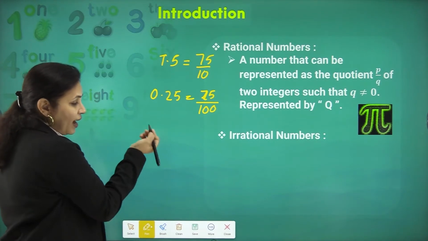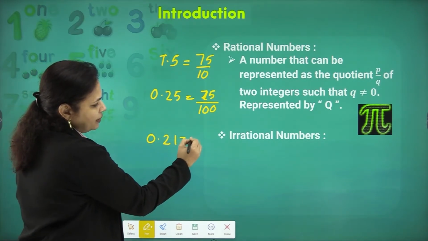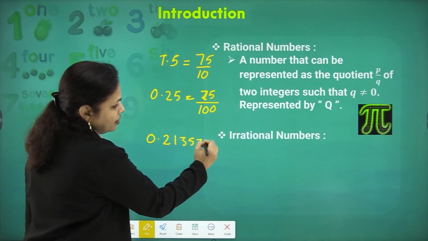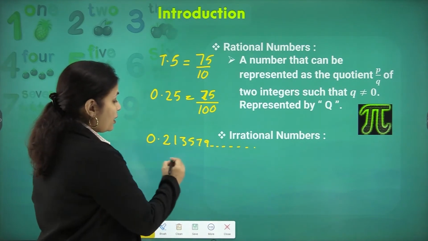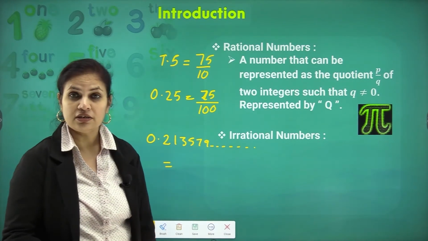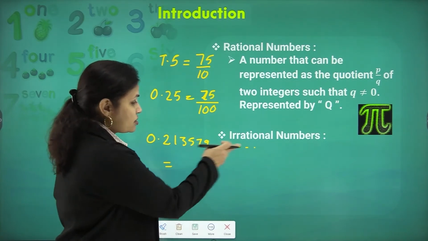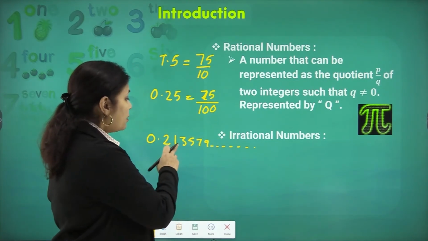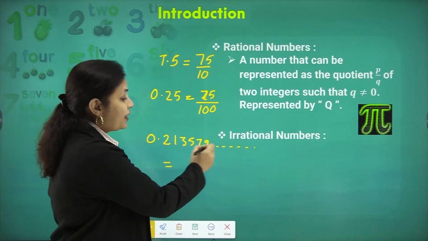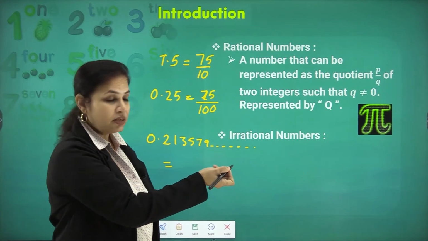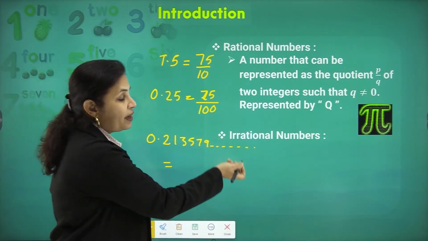But what if I have to represent 0.21357...? We cannot decide the denominator, because the decimal places are infinite. There are an infinite number of places after the decimal and no pattern is followed, and we do not know where the number will end.